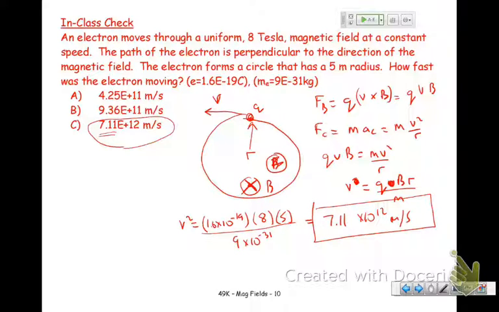So not bad. You do not have to remember the charge of an electron. You do not have to remember the mass of an electron. I'll give you all that. Frankly, because I got it wrong, I don't remember that equation. I don't believe in learning equations that I don't need to learn.